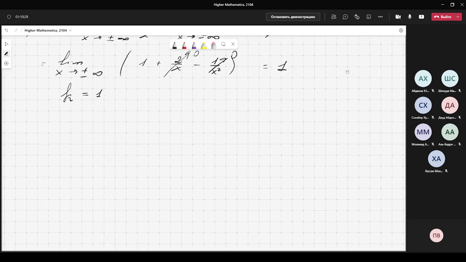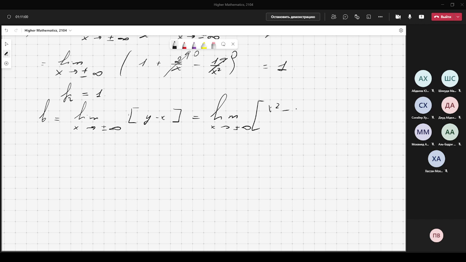Find b. b equals the limit as x approaches plus or minus infinity of y minus x, or the limit as x approaches plus or minus infinity of x squared plus 2x minus 1 over x minus x.